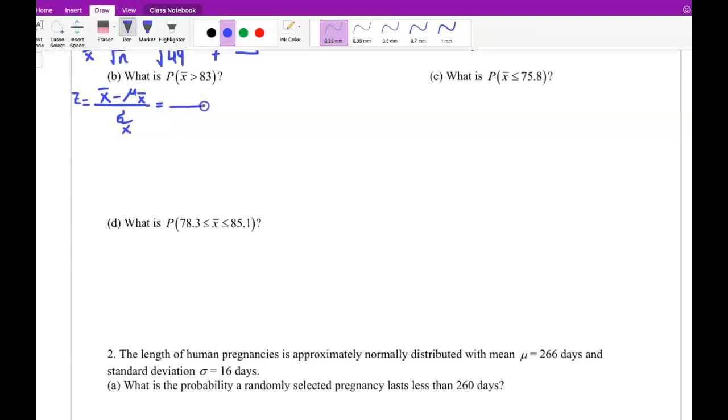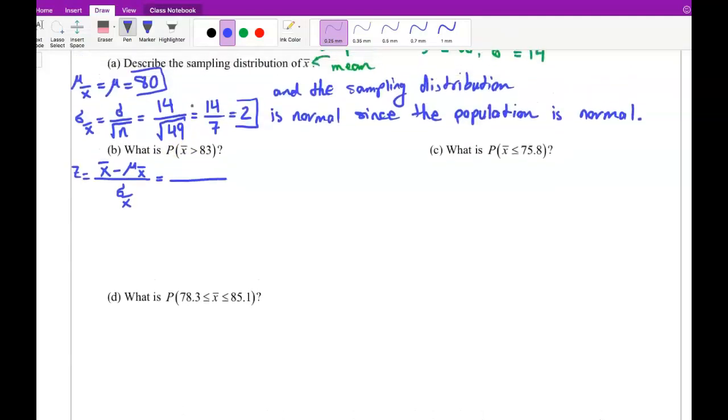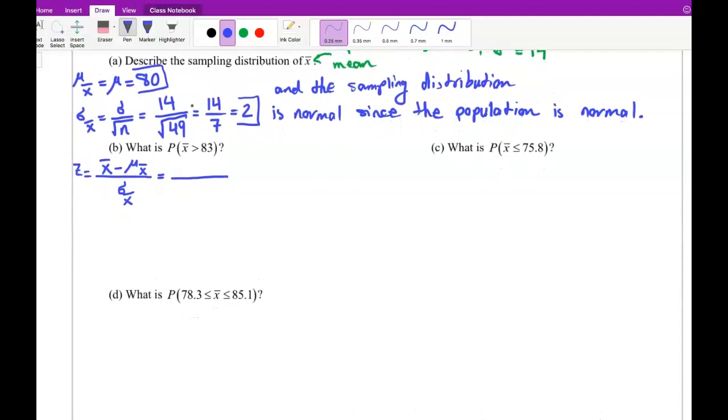So this is equal to, okay, let me see what that mean was. Okay, so x bar is 83 minus our mean, which is 80, and for standard deviation here we have this part, which is 2. So we got 1.5.